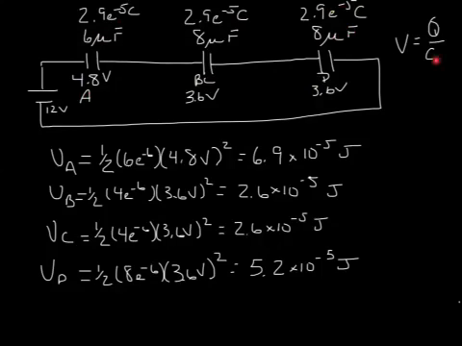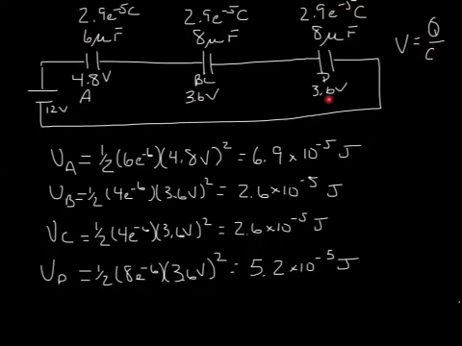Voltage just equals charge divided by the capacitance. So for capacitor A, that charge is going to be 2.9 times 10 to the minus 5th divided by 6 times 10 to the minus 6th, and that gives us 4.8 volts. For capacitor BC, 3.6 volts, and then lastly for capacitor D, again 3.6 volts.